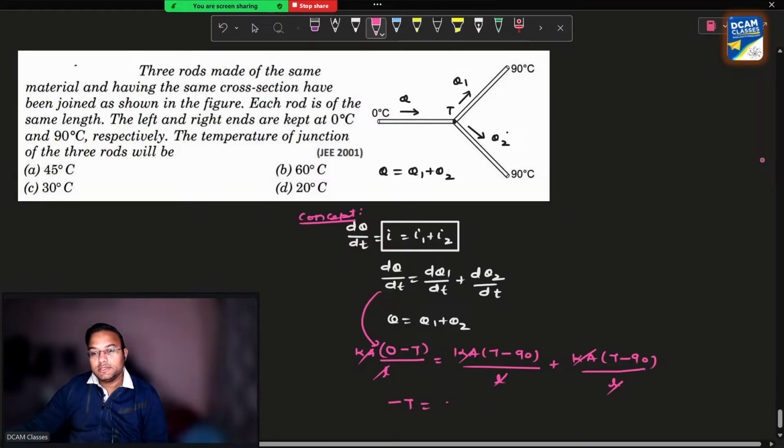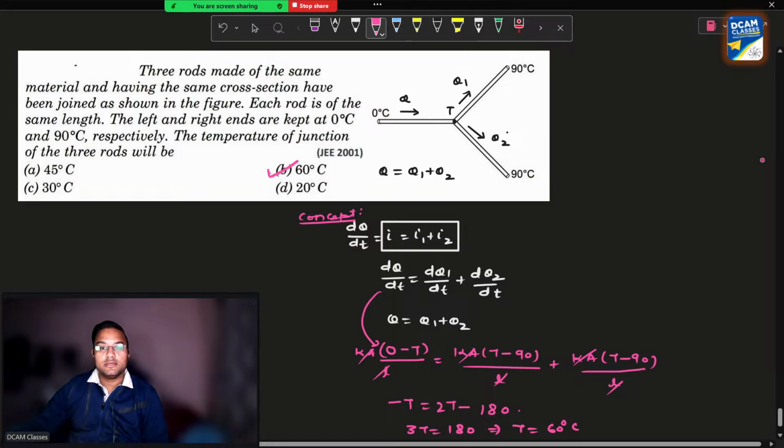Minus T is equal to 2T minus 180. So 3T is equal to 180. So T I am getting as 60 degrees Celsius, correct only.